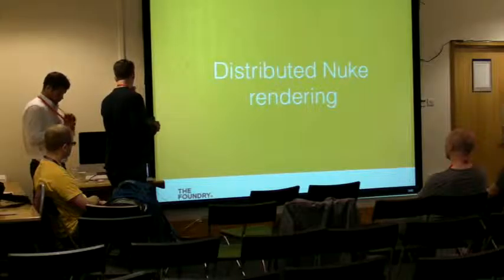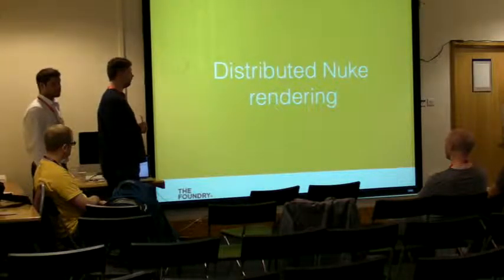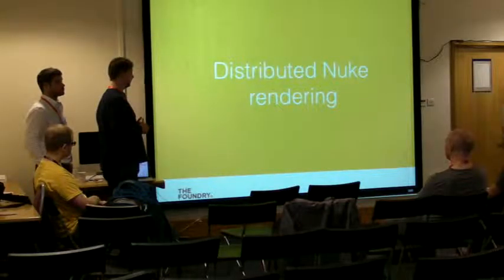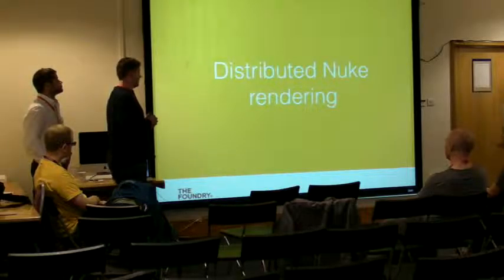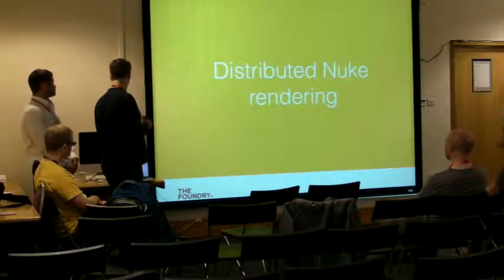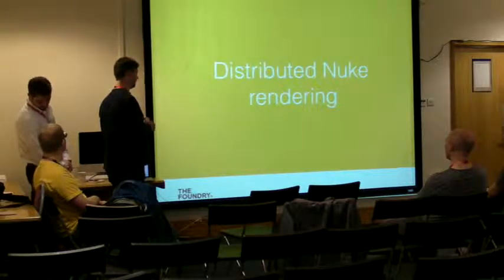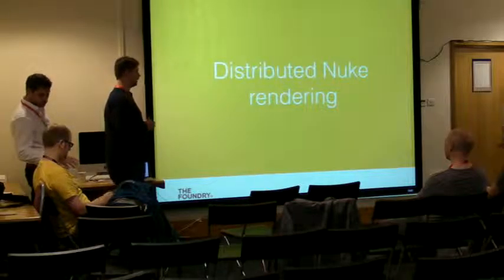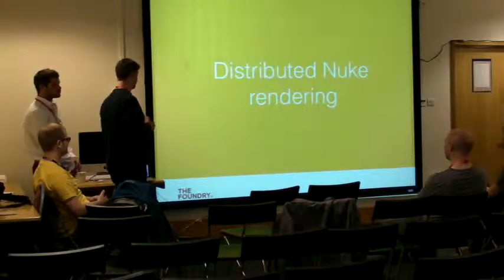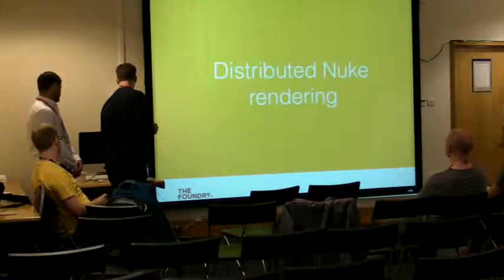And that just runs in the background, starts up Nuke processes, sends frames to render, monitors and manages all of that stuff. And if users want to, they can configure it to run on multiple machines across their local networks to make best use of the workstations they have sitting around.